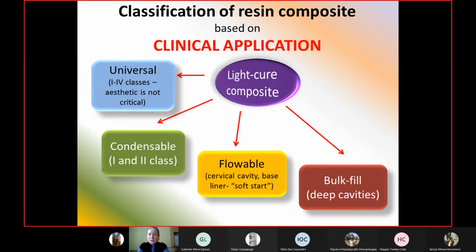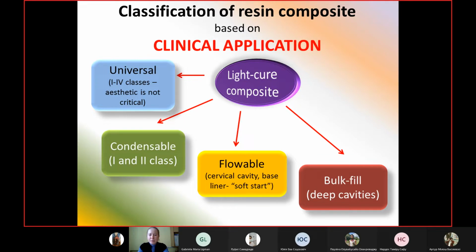Flowable materials are attractive in cervical restorations, and basically they are used as cavity liners. We have such an idea as a soft start, and flowable material is used in this case as the initial, first layer in the carious cavity, and only after that is light curing composite material placed.